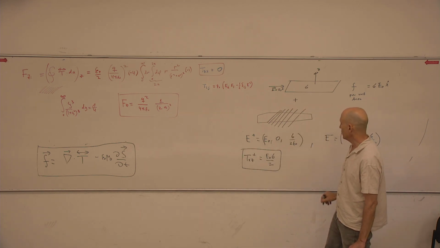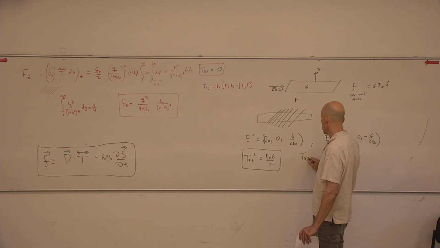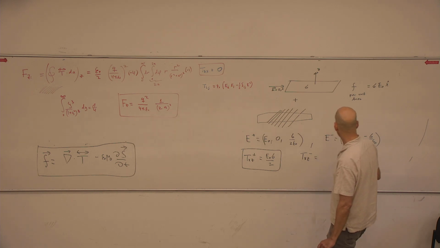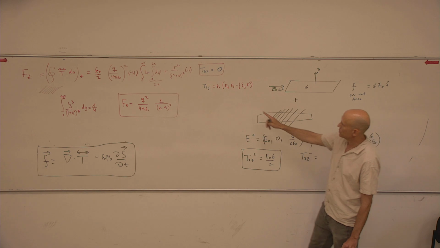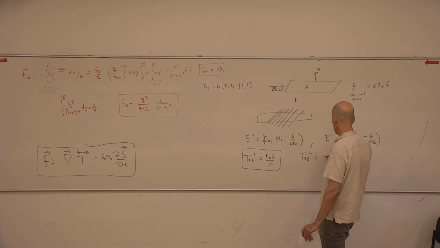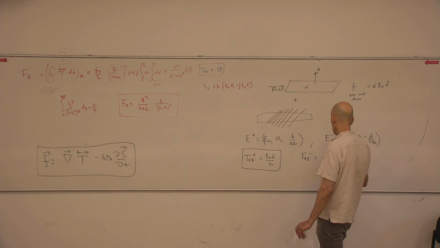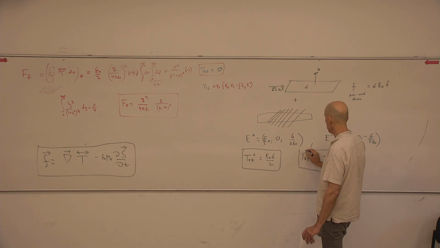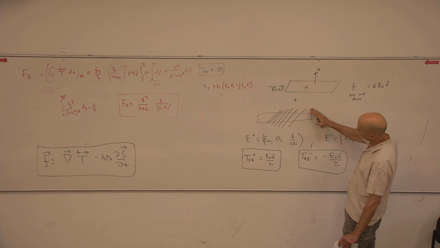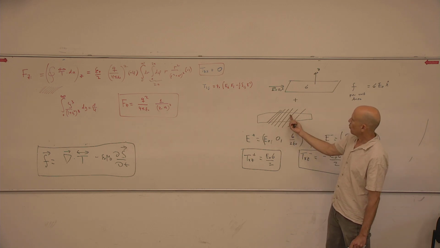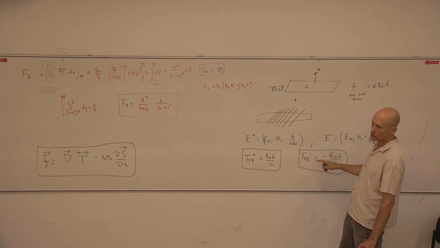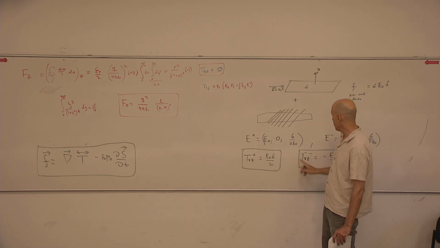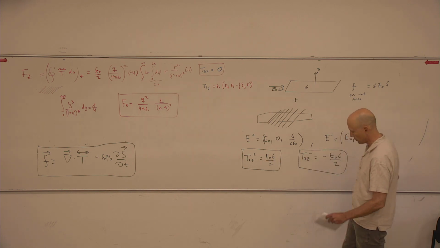And what will be Txz minus? It will be the same, but with a minus sign, because the field in the z direction is in the minus sign. And this difference is important in this problem. Why is it important? Because when I eventually close the integral, one of them will be in this direction, the other one will be in this direction, and eventually they will not cancel. This is very important, the fact that here you have a minus and here you don't have a minus.